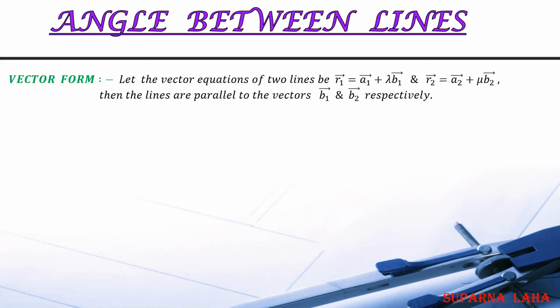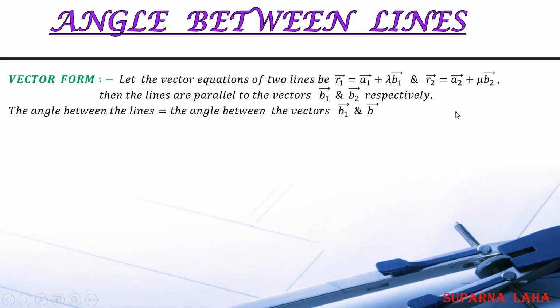Now we know that the angle between these two vectors we can easily find by the dot product and the cross product. So the angle between the lines is the same as the angle between these two vectors b1 and b2.